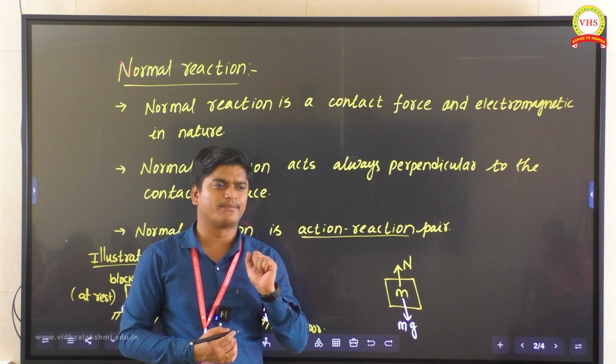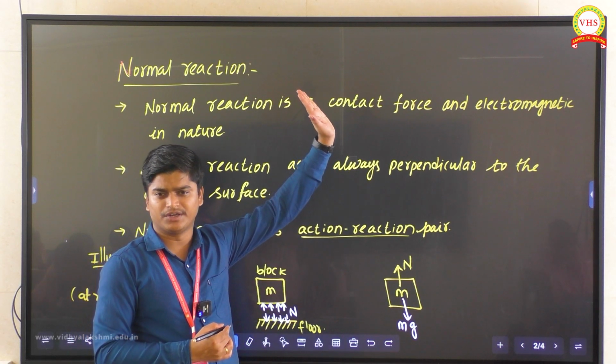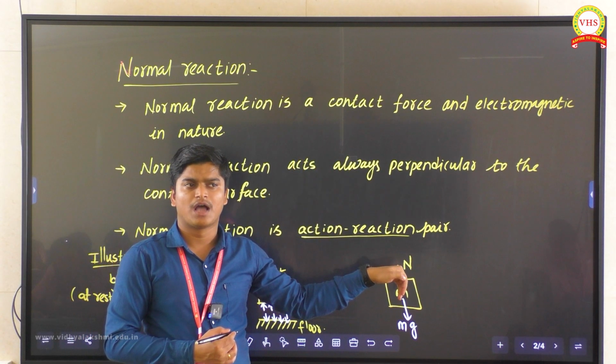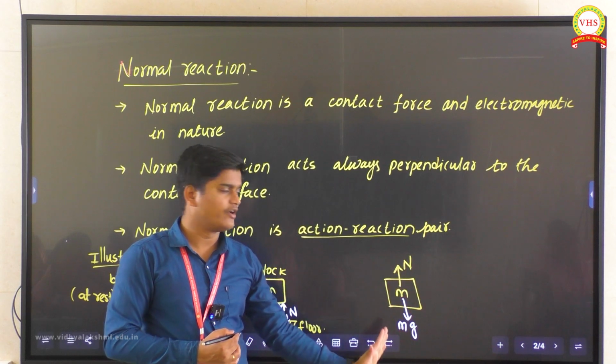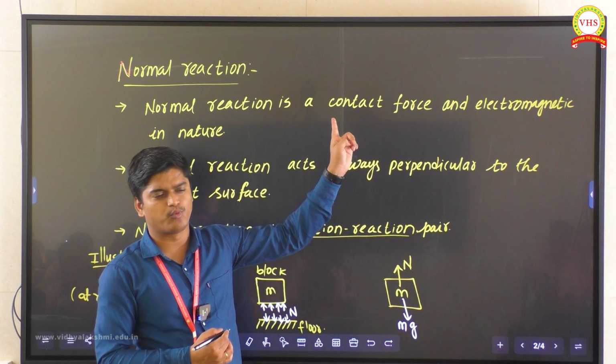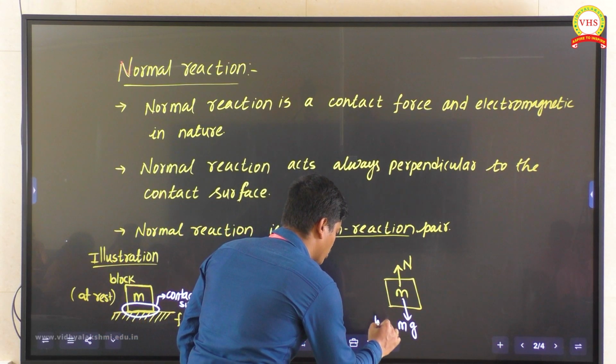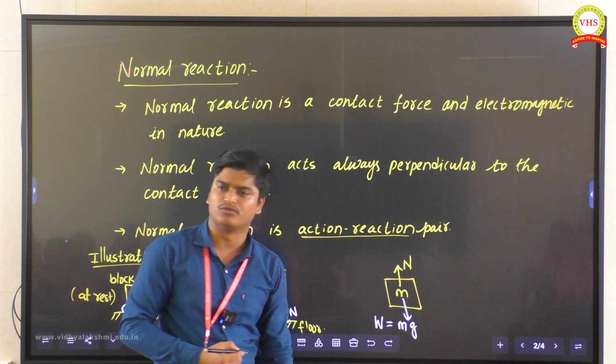Everyone try to understand carefully. On this object, one force is normal reaction and another force is mg in the vertical direction. N is vertically upward and mg is vertically downward. This one you can also call the weight of the object, W.